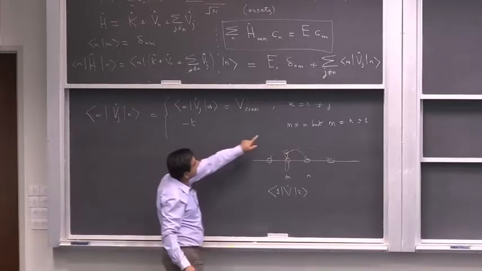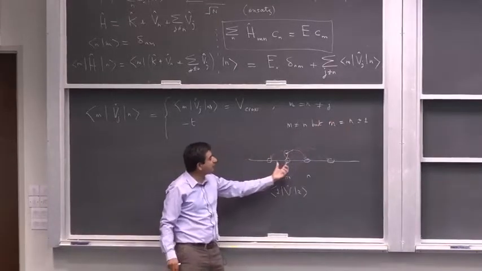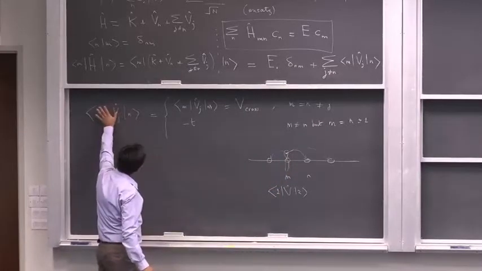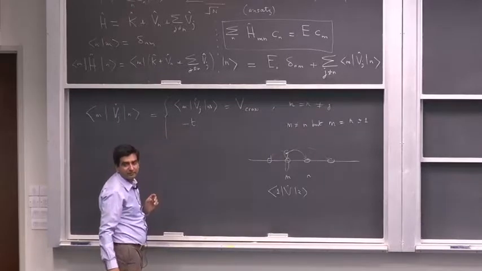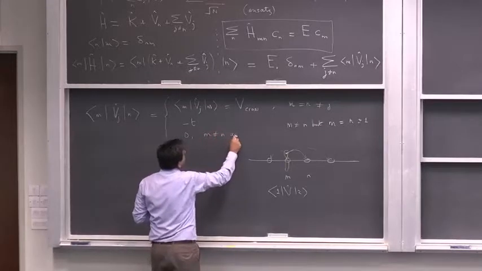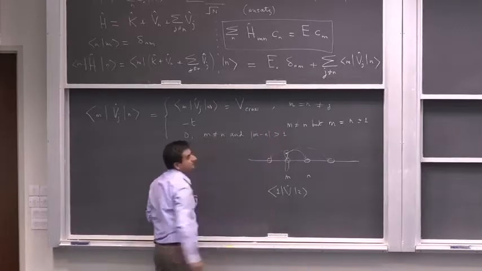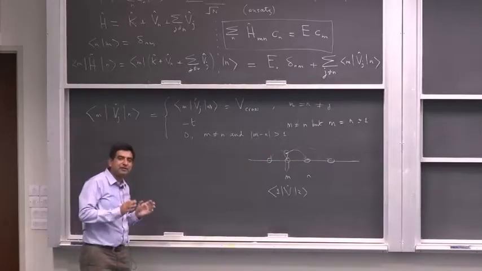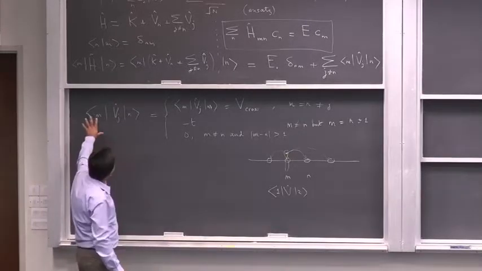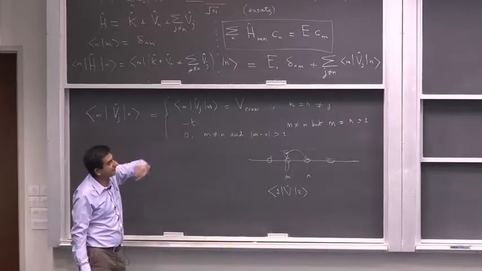So in the condition that m is not equal to n, but m equals n plus minus 1, which means I'm allowing hopping between nearest neighbors only, then this mixed term will become minus t. And I will have 0 otherwise. That is, m is not equal to n, and the magnitude of m minus n is greater than 1. That is, I do not allow transfer between non-nearest neighbors. So these are my constraints on the term that I've written at the end.